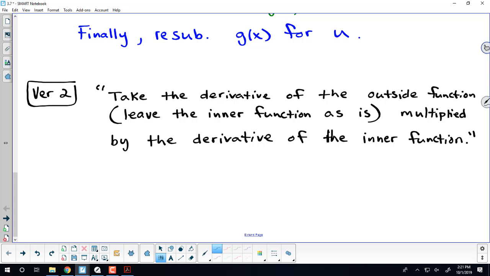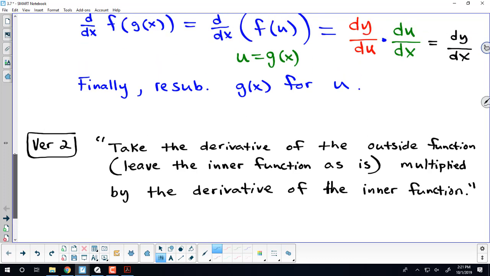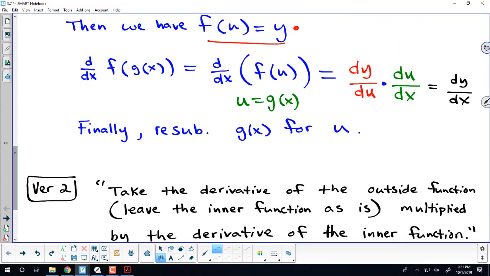So that's where the knowledge of how functions are put together is important. Because if you're going to say, this is my inside function, that's my substitution.